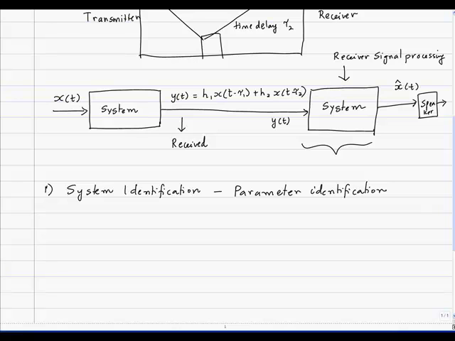So the base station periodically transmits an x of t that is known to the receiver. The receiver expects to get x of t, but in fact it observes what it gets, a certain y of t. From this, it tries to estimate what h1, tau 1, h2, and tau 2 are. So that's the first stage. That's called system identification. And then what we may be interested in is an analysis.